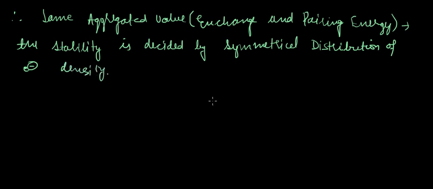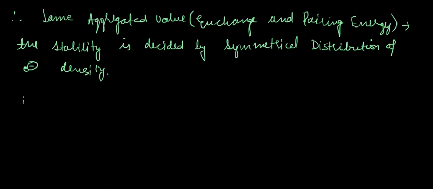So it is clear that both the first and second configurations in the previous case had equal values of total energy, which is exchange energy plus pairing energy. However, in the second configuration, the electron density in the 3d10 configuration was more symmetrically distributed in the x, y and z directions, hence it is more stable.